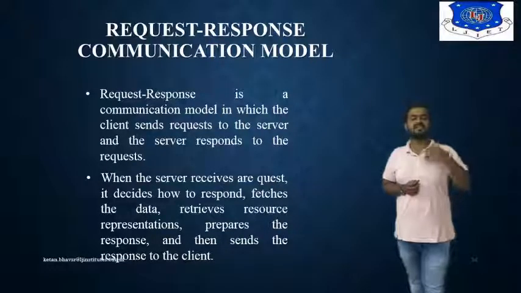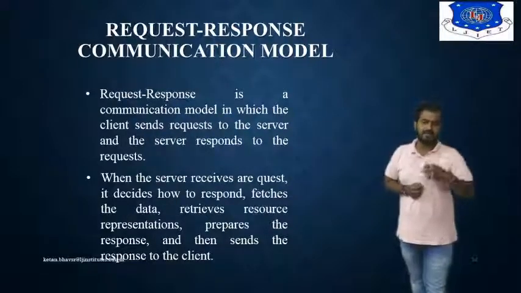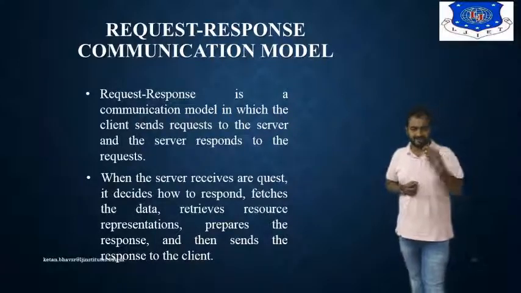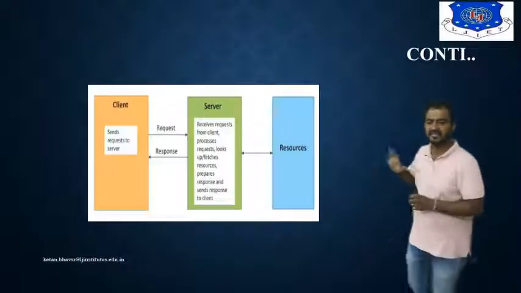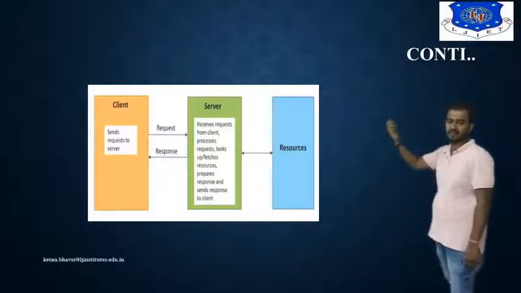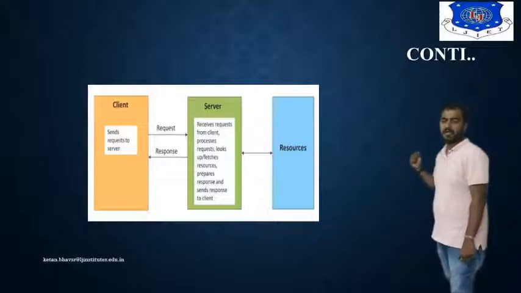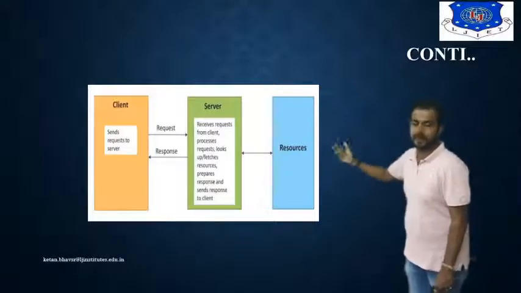When the server receives the request, it decides how to respond: fetch the data, retrieve the resource representation, prepare the response, and then send the response to the client. As you can see in this diagram, there is the client side and the server side, and this one is the resources. The client sends a request to the server.